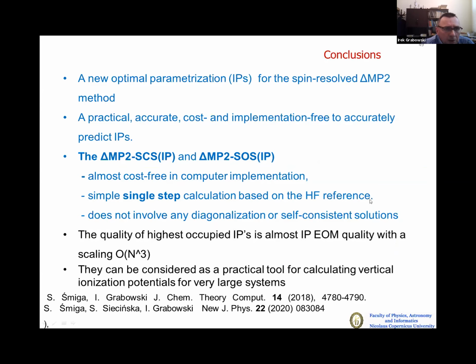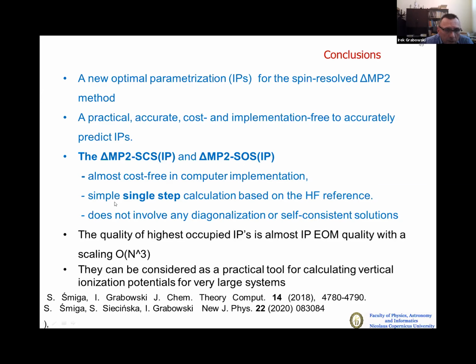So these are the conclusions. We proposed a new parametrization of spin-resolved delta MP2 for calculation of ionization potentials. And as I said, the method is very practical, accurate, and, what is important, cost and implementation free, because to implement it, you simply have to program or use the expression for the self-energy at the second order, which is almost exactly the same as in standard MP2.